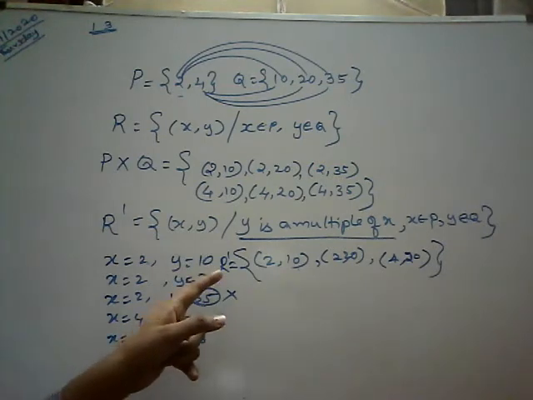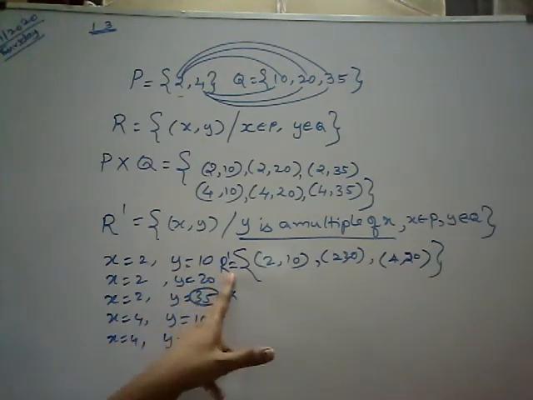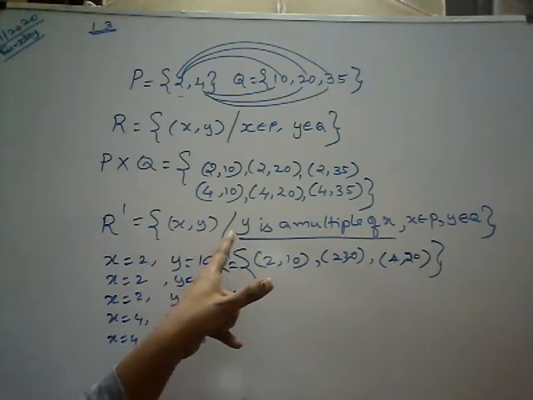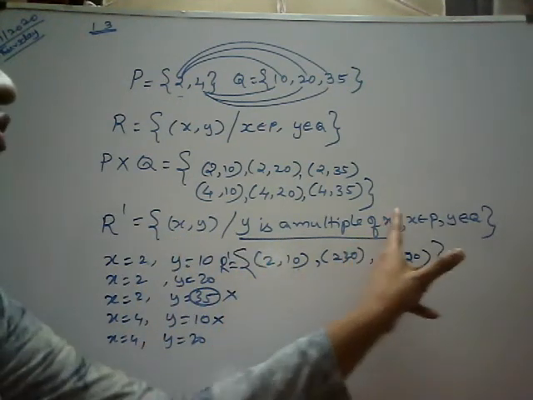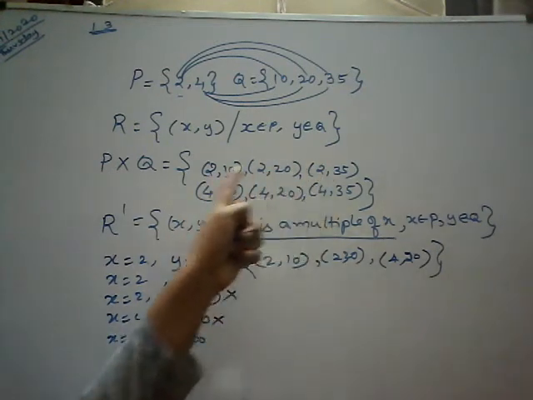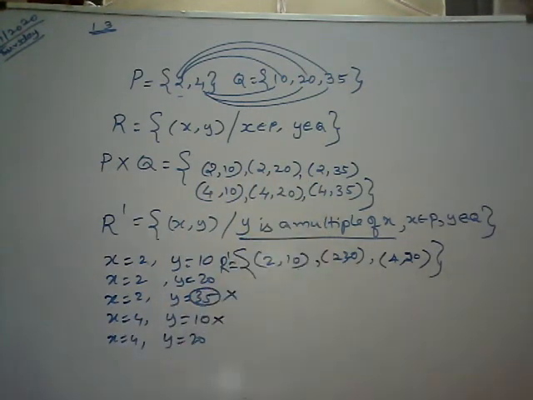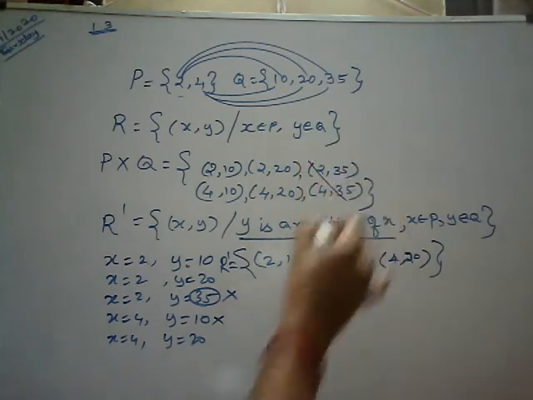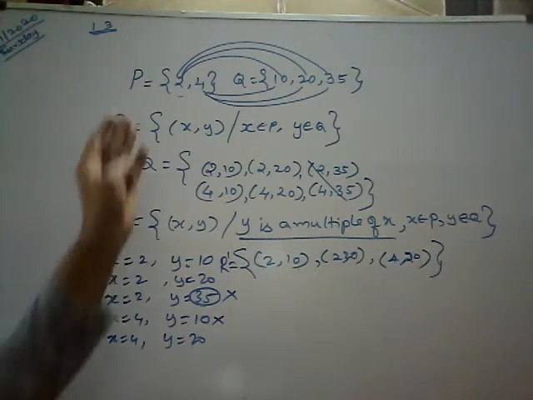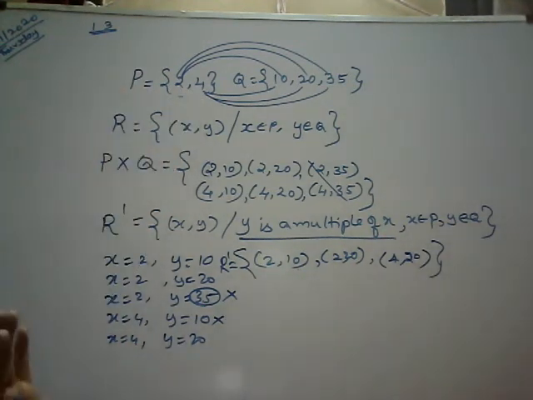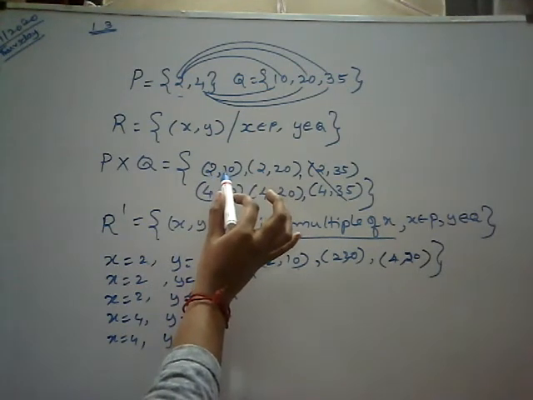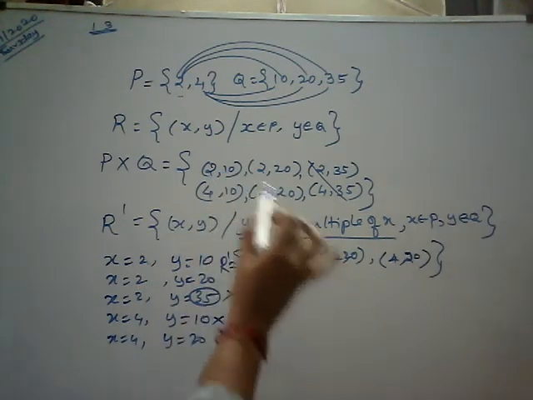So the condition is given. It should be an ordered pair where the second set element is a multiple of the first set element. In this, (2, 10), (2, 20), (2, 35), (4, 10), (4, 20), (4, 35): the 35 is not going to exist, as it is not a multiple of the first set element. My first set contains 2 and 4. Now (2, 10): 10 is a multiple of 2, so you can take that.